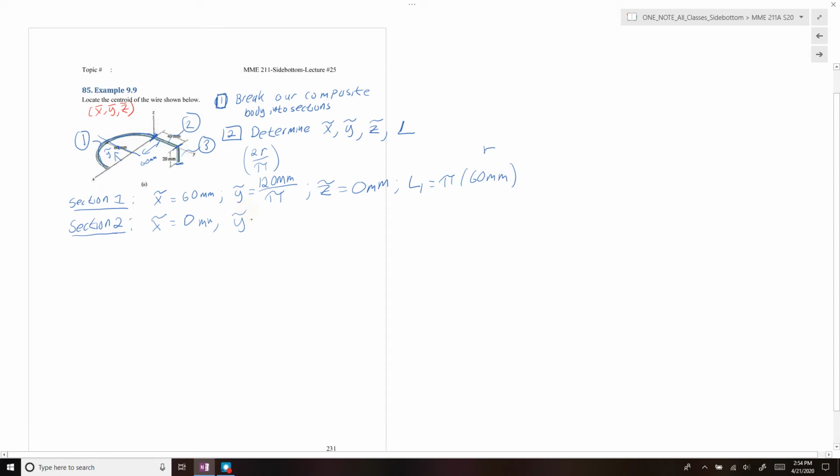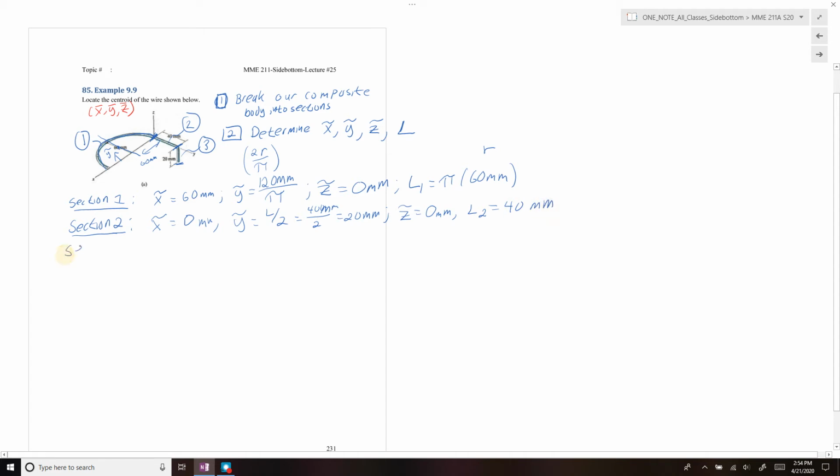Y tilde would be equal to half of the length, which in this case would be 40 millimeters divided by 2, or 20 millimeters. Alright, and then the z tilde would be equal to 0. There's no component in the z. And then the length of section 2 is just given to us as 40 millimeters.